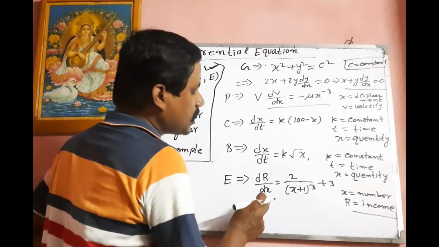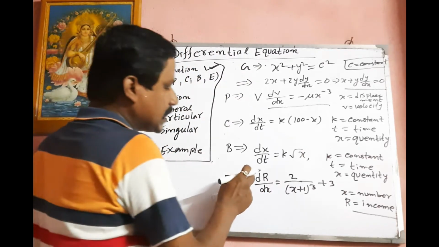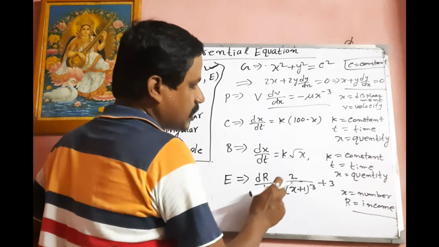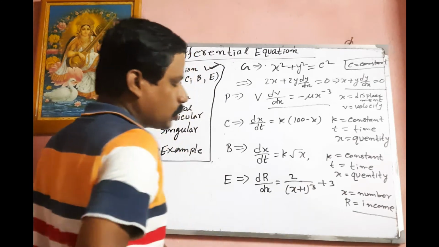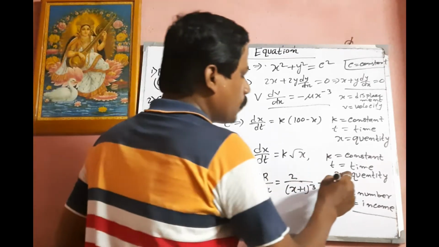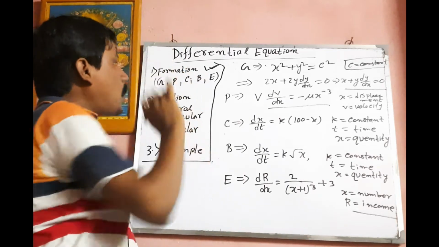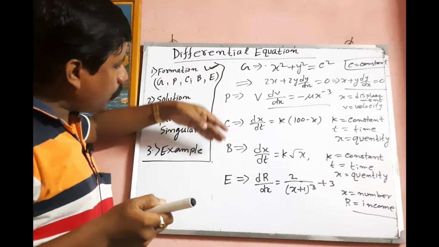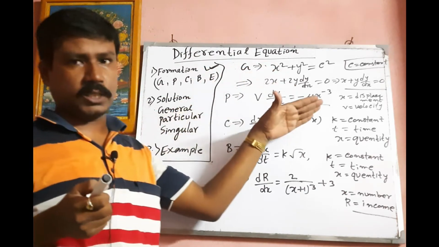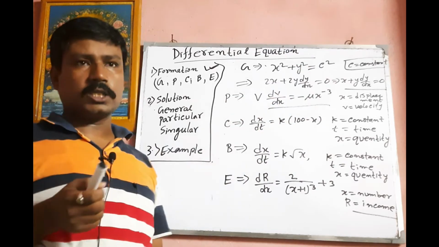Then the differential equation of economics will be dr by dx is equal to 2 divided by (x plus 1) to the power 3, plus 3. So this is the complete formation section, and we discussed 5 types of formations and their standard differential equations.